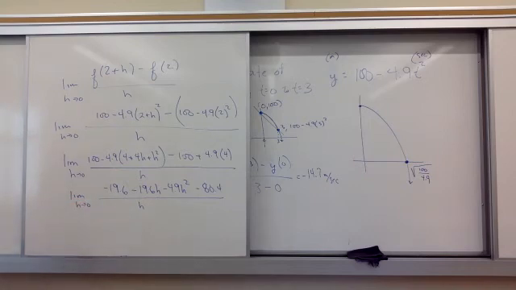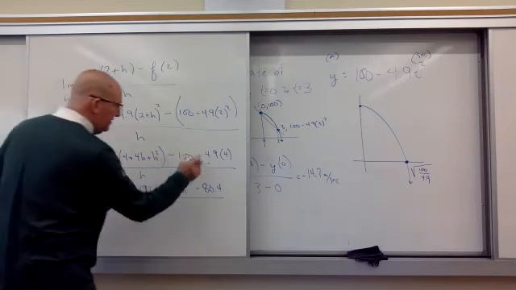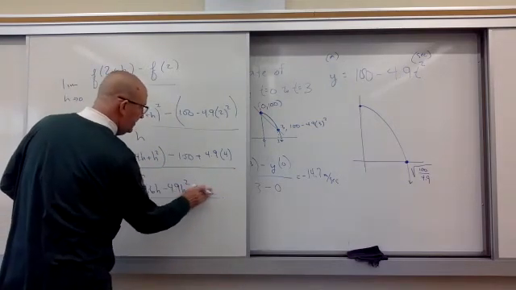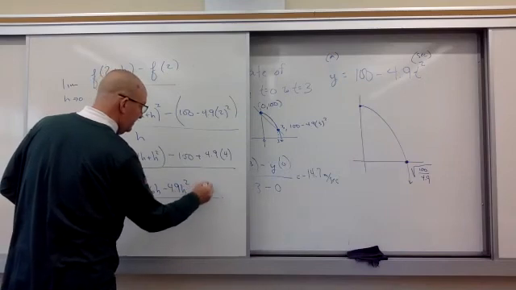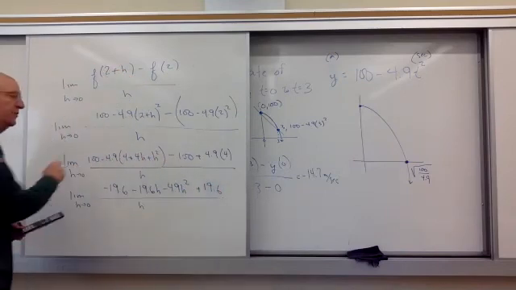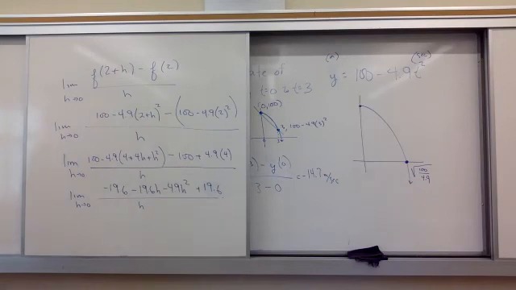Now, here's what happens, right? Oh, whoops, that 100 wasn't there, was it? So this is just plus 19.6. Remember, because we subtracted those hundreds off at the beginning of the problem. Now look what happens.